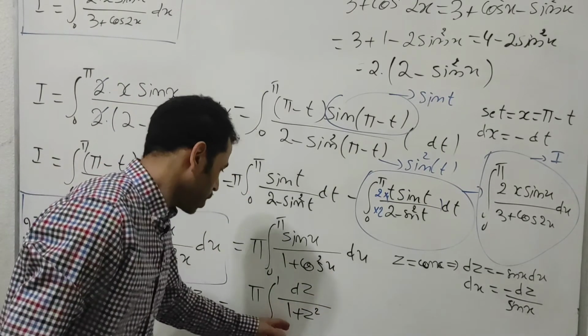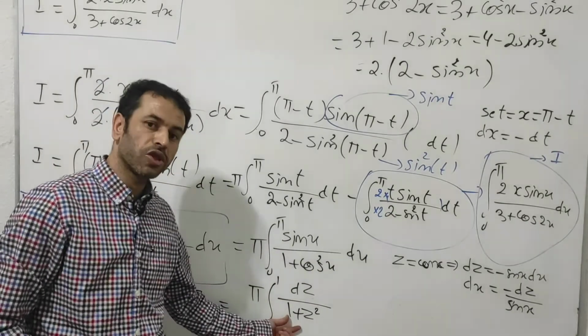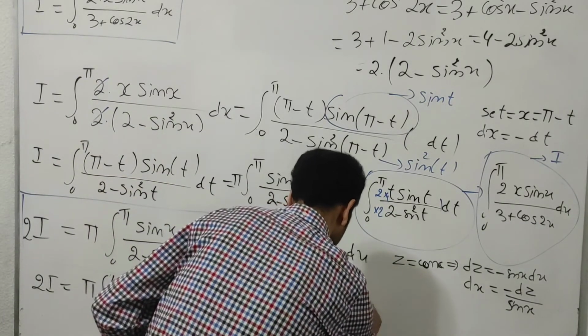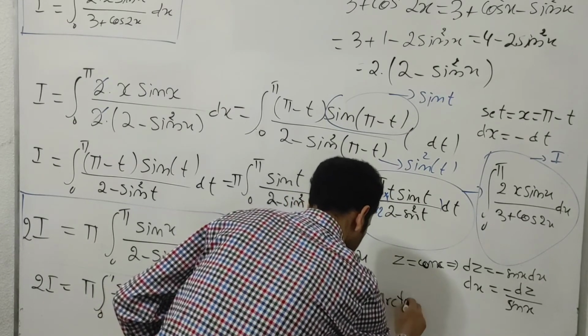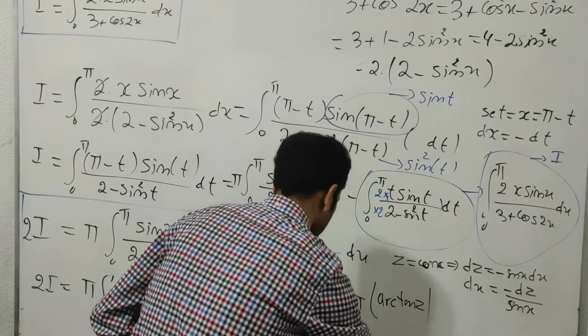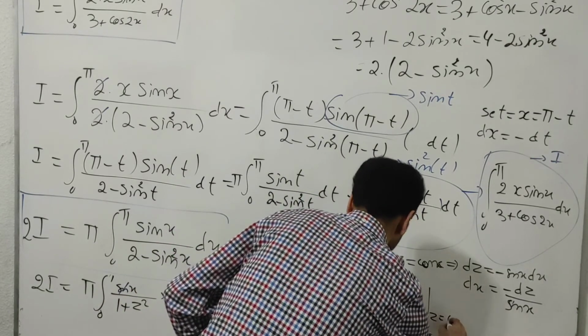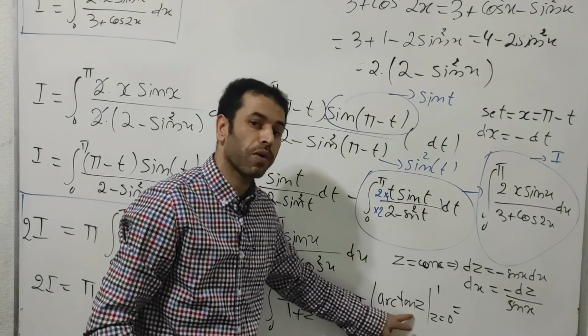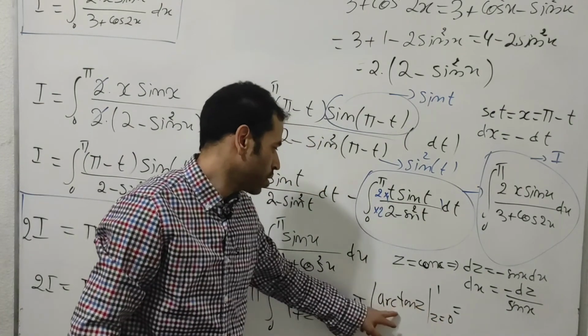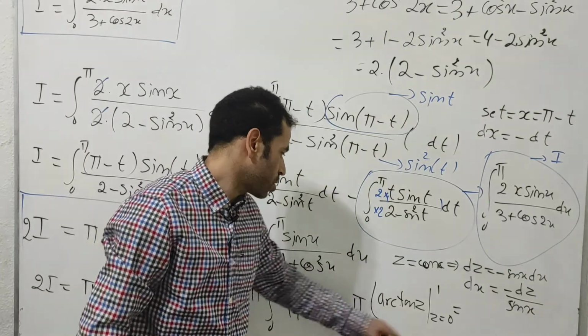Now we have a standard formula for the arctangent, which is giving us pi times arctangent z evaluated from z equals 0 to 1. Plugging in number 1 into arctangent gives us pi over 4. Plugging in 0 into arctangent gives us 0.